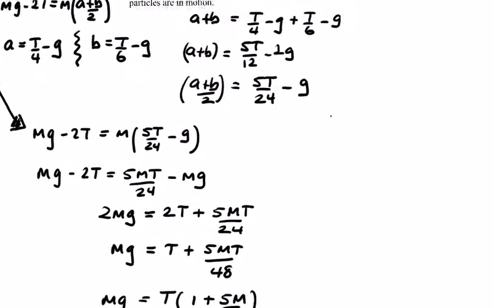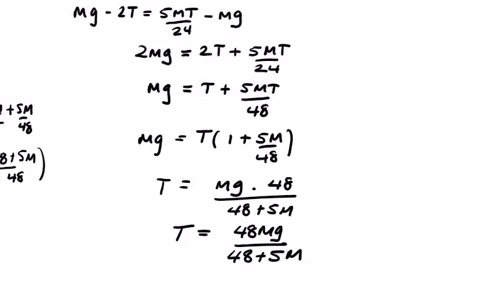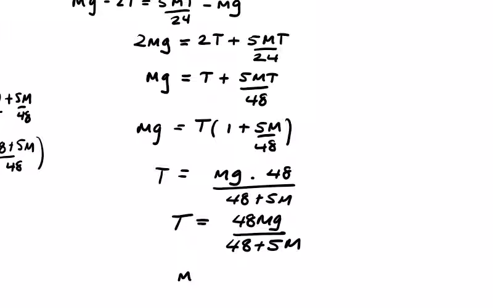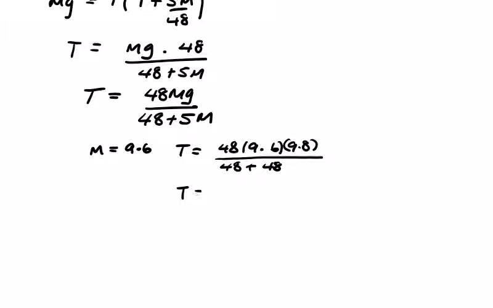So let's see what's going on here. We have A and B up here, don't we? M is equal to 9.6. Okay, let's see what T is equal to then. T is equal to 48 by 9.6 by 9.8 over 48 plus 5 by 9.6, which is also 48. Okay, so can I simplify it without a calculator?